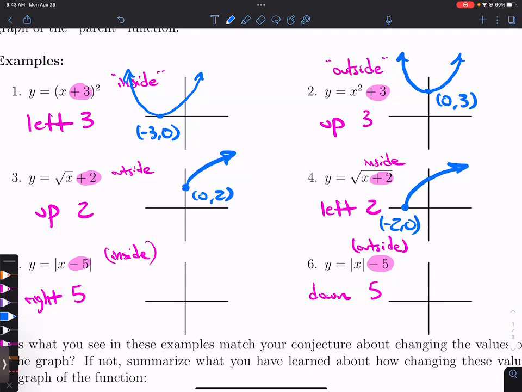Instead of sort of curving like the square. So straight line, V-shaped graph shifted to the right 5. So that corner point that was at the origin, now it's at 5, 0.